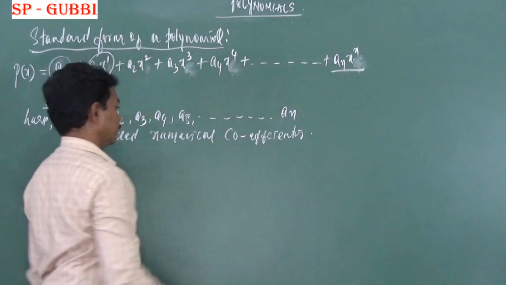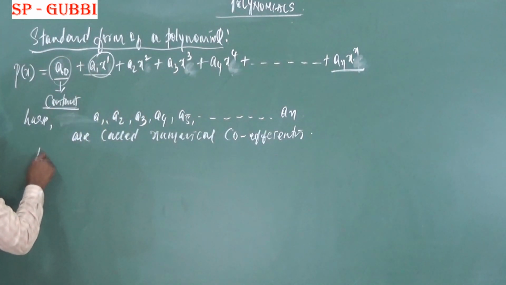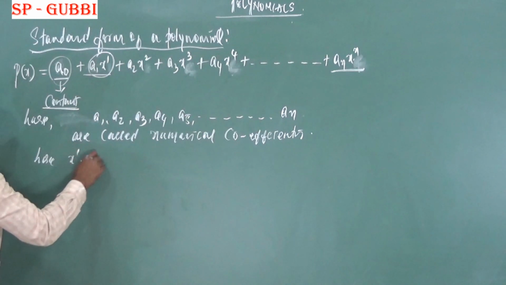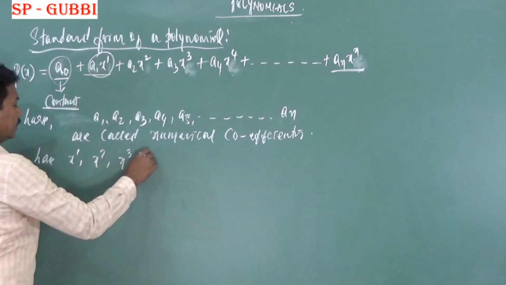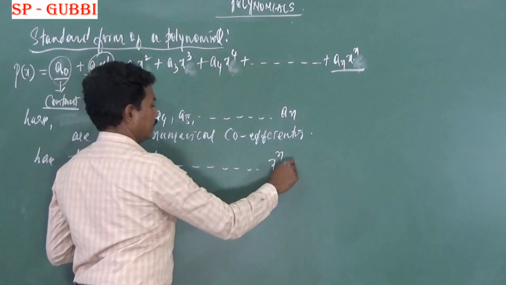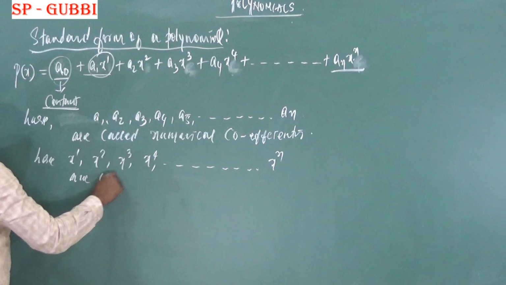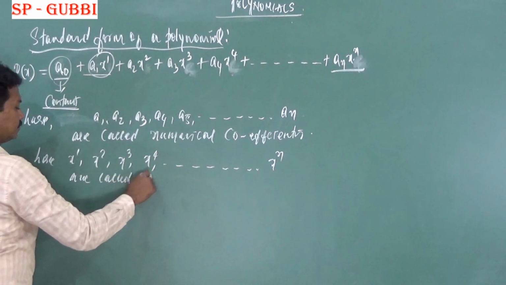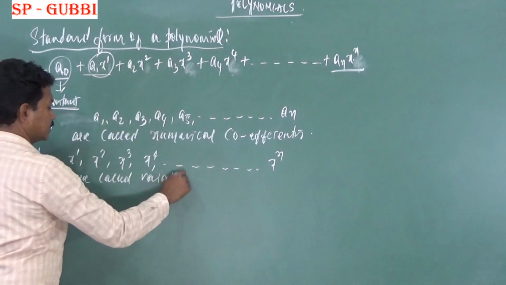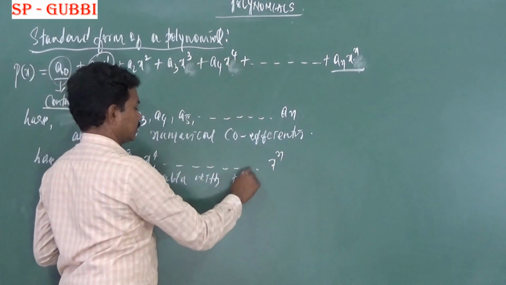They are called as numerical coefficients. So now here again x to the power 1, x square, x cube, x to the power 4, dot dot dot until x to the power n, are called variables with positive exponents.